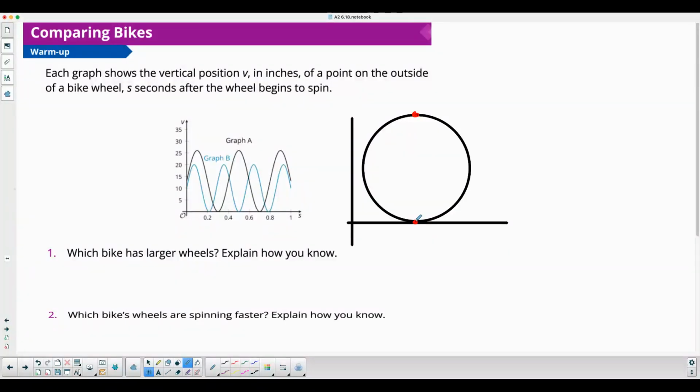So it's kind of like this graph A here goes up to like 26 and down to 0. So that would be kind of like your radius is 13. Okay, so to get up to 26, it's like you got a radius of 13 times 2 gives you a diameter of 26. Whereas the other one, if you look at that wheel, it goes up to 20.